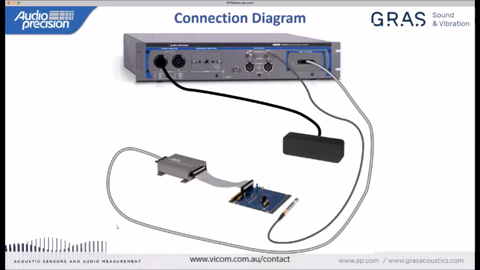Everything is just directly plugging into the 517 front panel. In this case, I have a source speaker. I have the remote PDM input pod connected to my microphone eval board. And I've got my 1/4-inch pressure field microphone connected directly into my APX front panel.